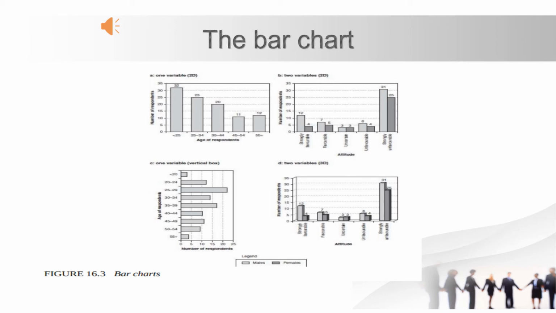So as we can see on figure 16.3, the bar chart, there are different ways of presenting or displaying your bar chart. It could be upright, just like your histogram, but there is a space in between. That's the difference between a bar chart and the histogram.